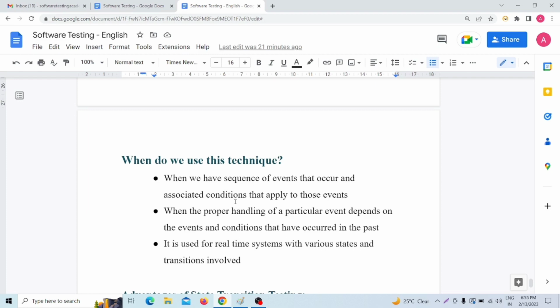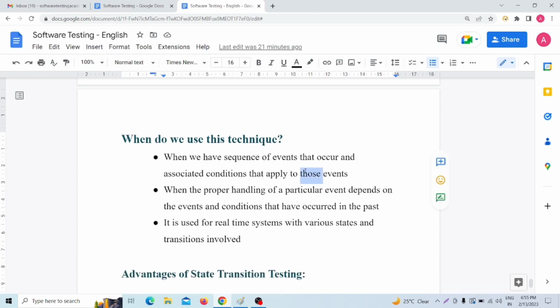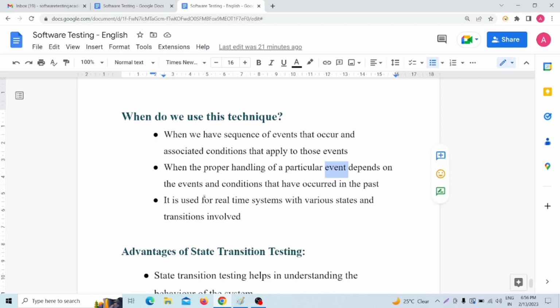Second, when the proper handling of a particular event depends on the events and the conditions that have occurred in the past, then we go for this technique. And third, it is used for real-time systems with various states and transitions involved.